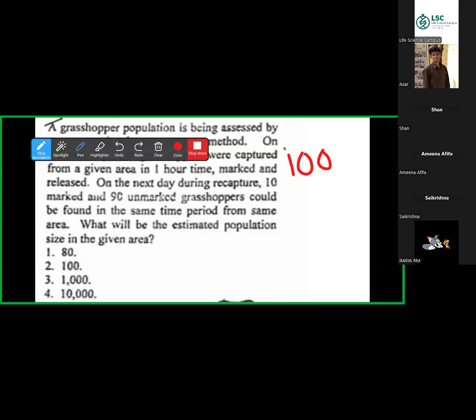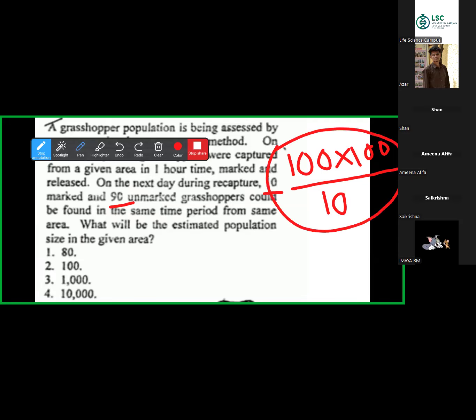That means total number of individuals in the second capture is 90 plus 10, that is 100, divided by number of recapture, which is 10 marked. What will be the estimated population size in the given area? By doing this equation, we will get 1000 as the answer.